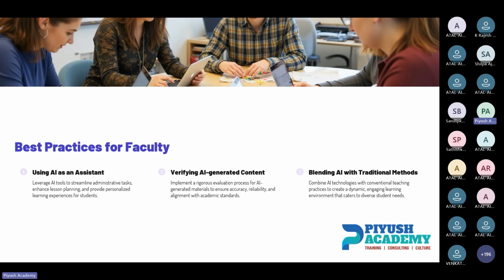Now, best practices for faculties. Using AI as an assistant: leverage AI tools to streamline administrative tasks, enhance lesson planning, and provide personalized learning experiences for students. Again, verify AI generated content. As I told you earlier, we need to be very clear when we are generating something, and I will come to the prompt part again.